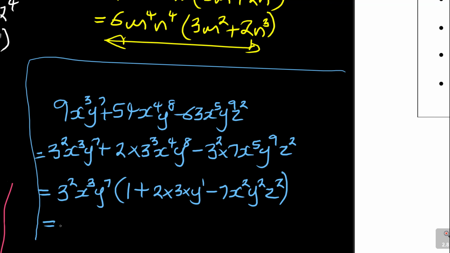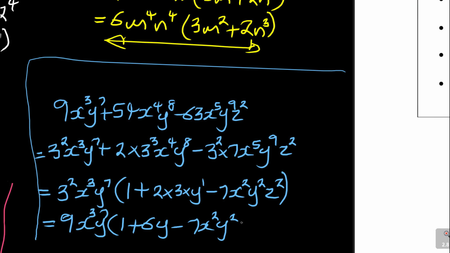That's it. That was the answer. Then you can simplify to say 3 squared, it's 9, x cubed, y7, 1 plus 3 times 2, it's 6y, minus 7x squared, y squared, z squared. Then you're good to go.